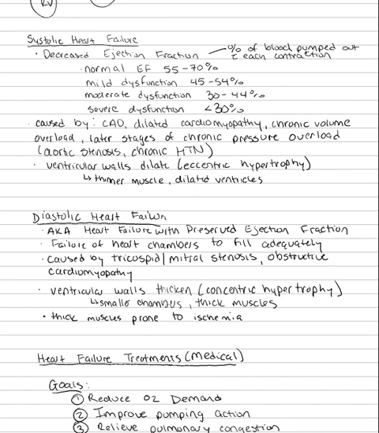This is usually caused by something like tricuspid or mitral stenosis, which means that the valve between the atrium and the ventricles is stenotic, or has some type of reason that it's just a tight space, and therefore blood's not able to get through from the atrium to the ventricle, or an obstructive cardiomyopathy.